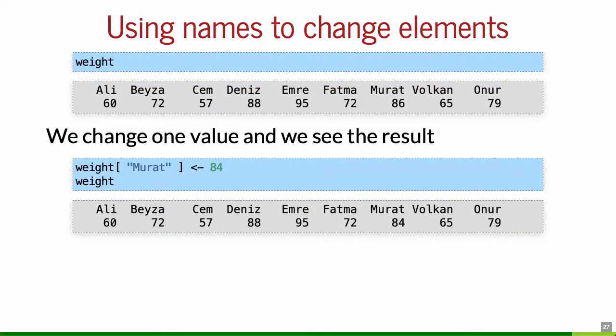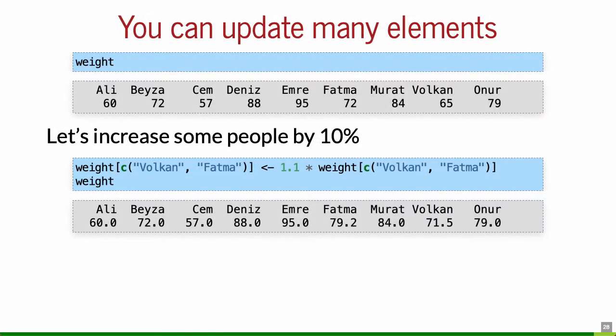Of course, as before, we can use a named index to change a value, and now we take a particular person with some weight and we can change it using an index and an assignment. When you use an index to update, you can update several elements at the same time.